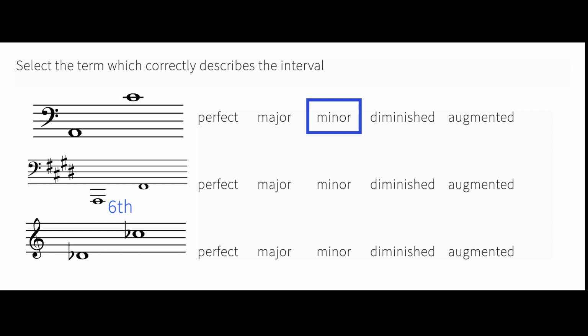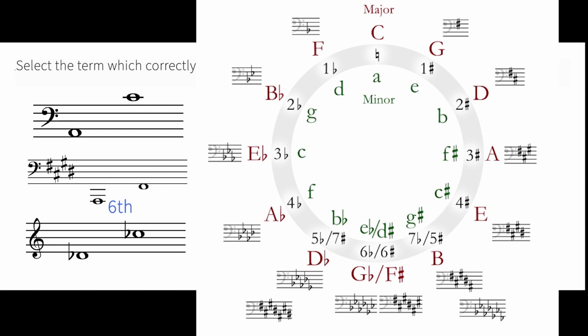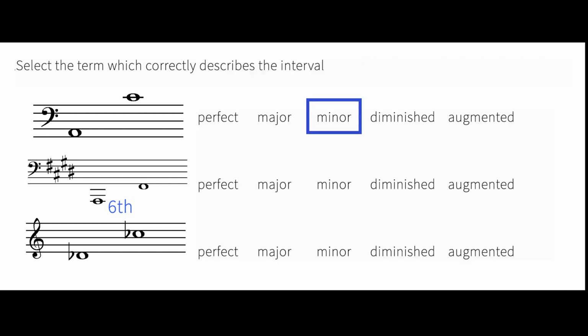Oh, well, we've just seen A, but let's have a look again. And we can see that in A major, we've got an F sharp in the key of A major, which means that this is going to be a major interval because the F sharp is in the key. So then we can confidently simply say that it is a major interval.